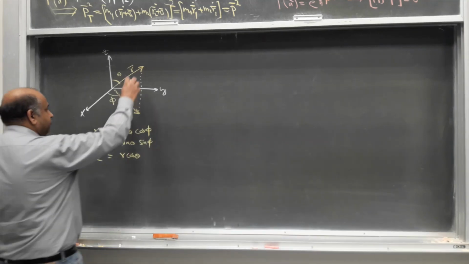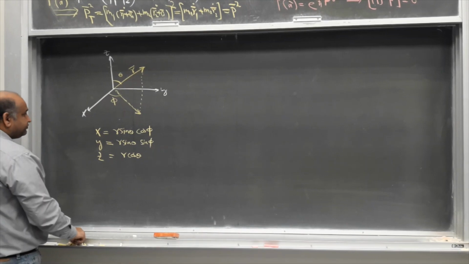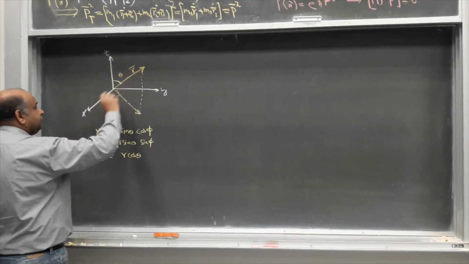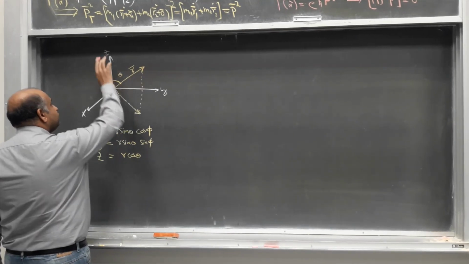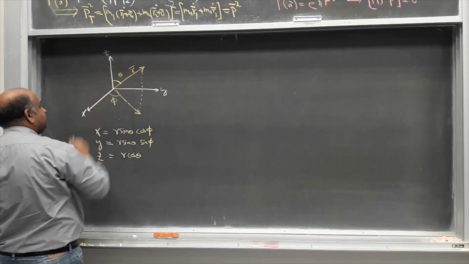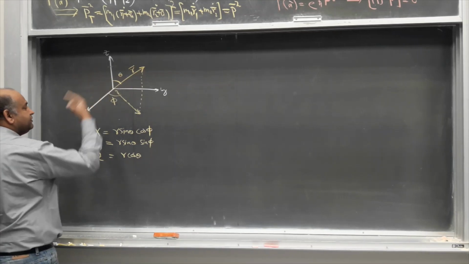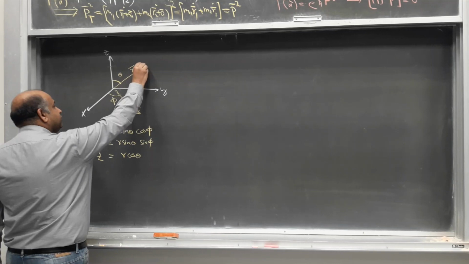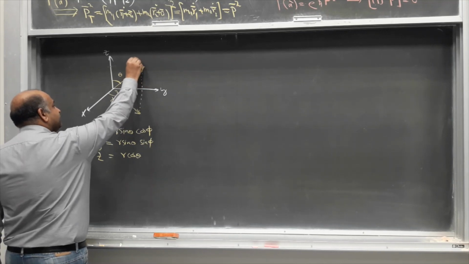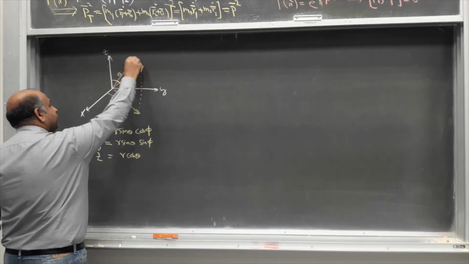Now we apply a rotation to the vector r, rotating around the z-axis. So this is the vector r, and we are rotating it around the z-axis like this. If we apply a small rotation around the z-axis, this vector goes from here to here.